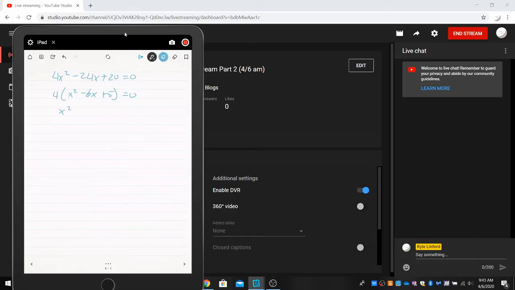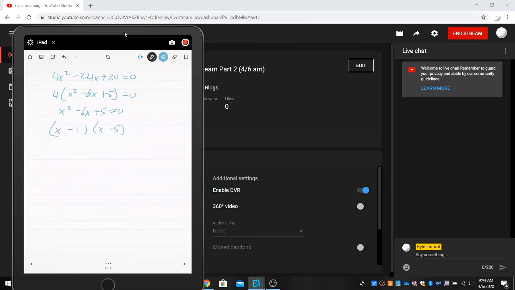So really the thing that I need to factor is x squared minus 6x plus 5 equaling 0. This is the thing that will have solutions that get me 0. So let's factor this down. I have 2 binomials. What multiplies to give me 5 but adds to get negative 6? I'm thinking negative 5 and negative 1.